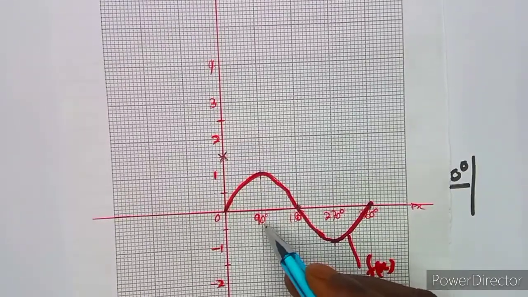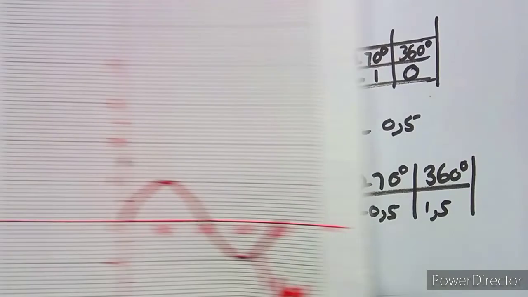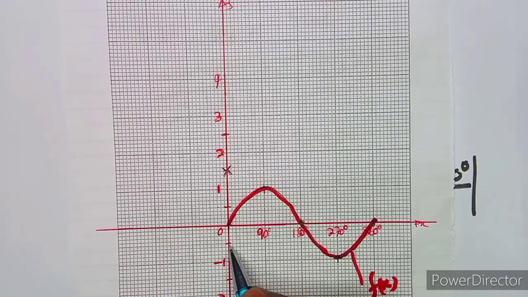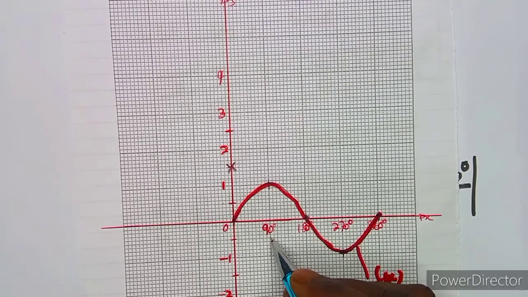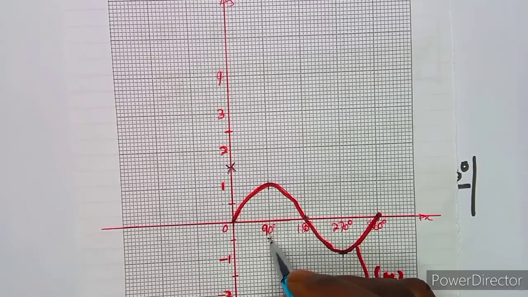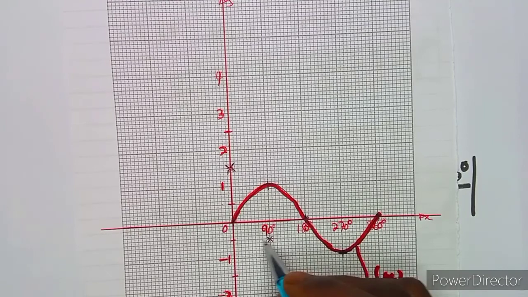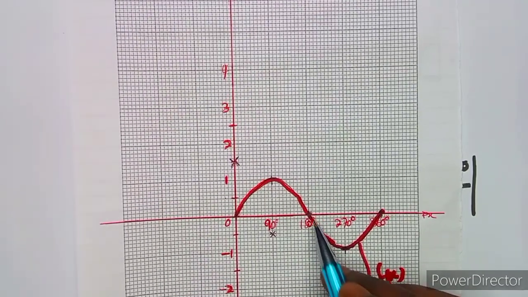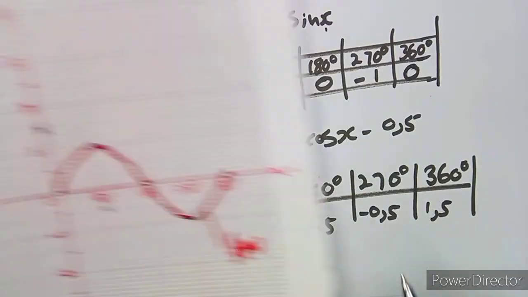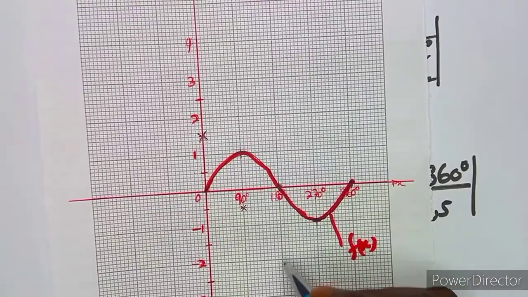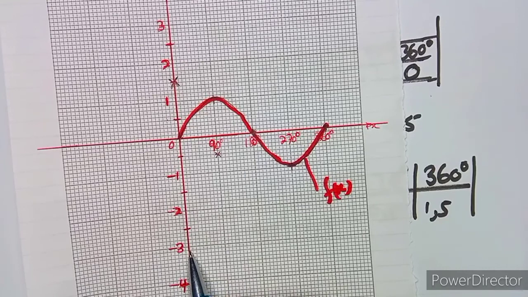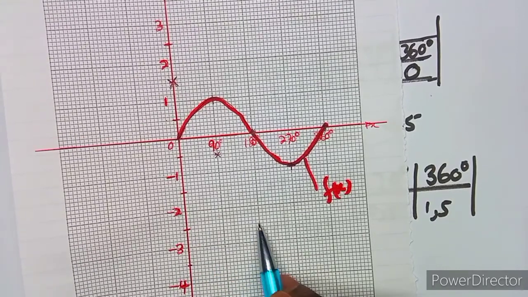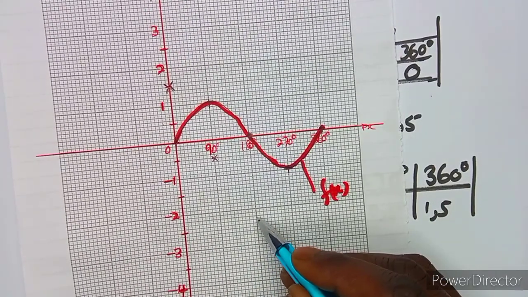For 90, because this is minus 0,5, it is in between 0 and minus 1. That's somewhere here, so you just mark your point properly. Then 180 versus minus 2,5, which is in between minus 2 and minus 3.